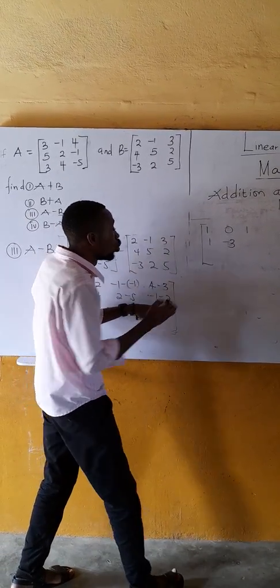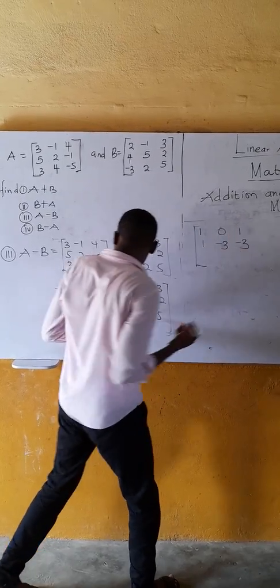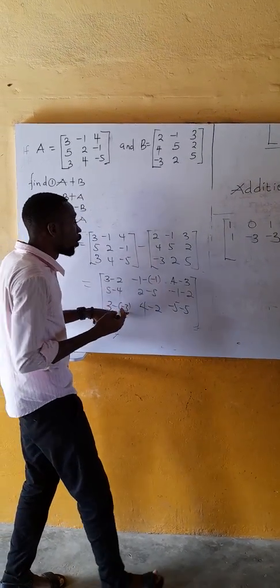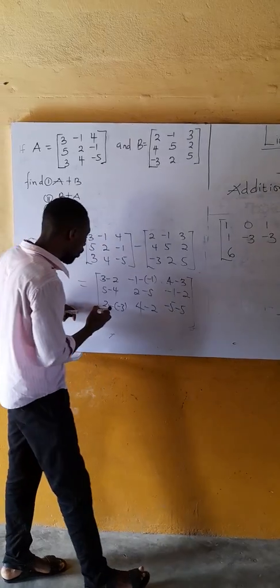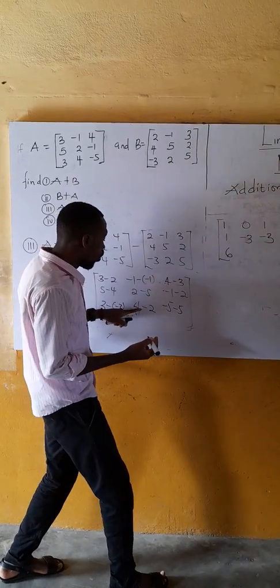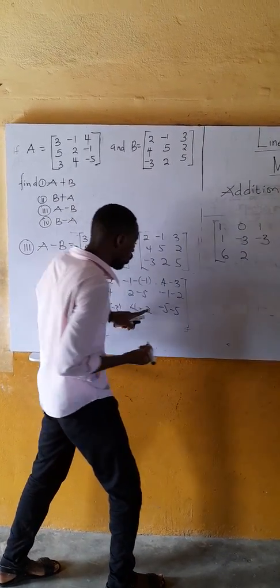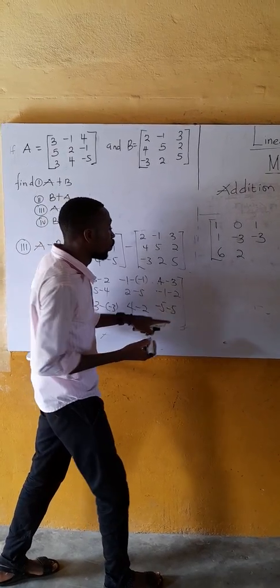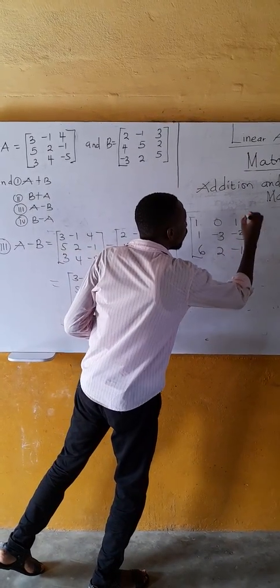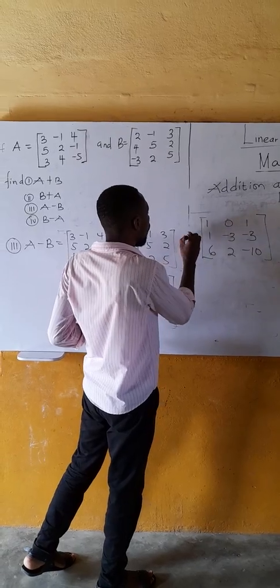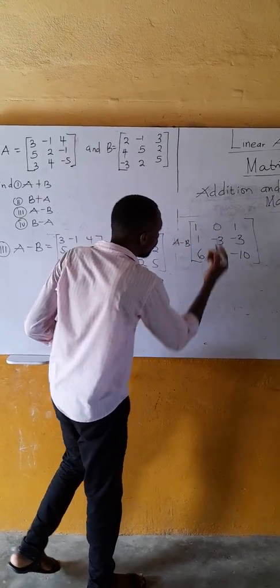Negative 1 minus 2 is negative 3. 3 minus negative 3 is 6. That will be 3 plus 3. 4 minus 2 is 2. Then negative 5 minus 5 will be negative 10. So this becomes our A minus B.